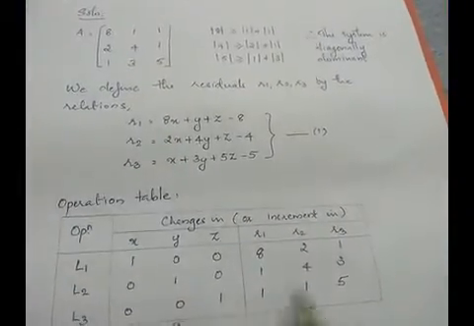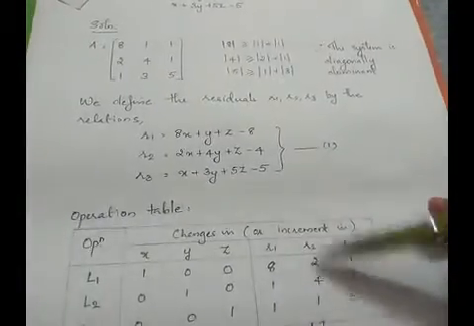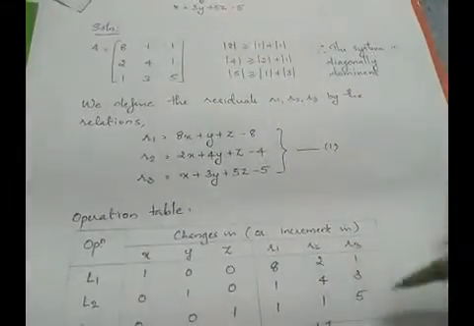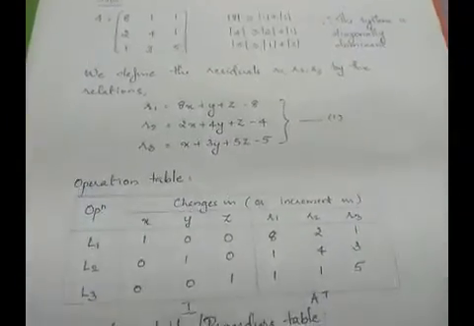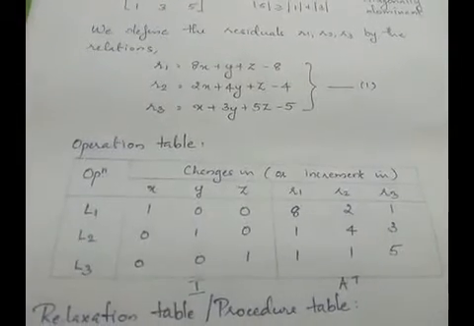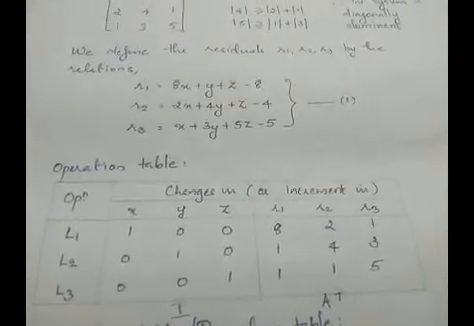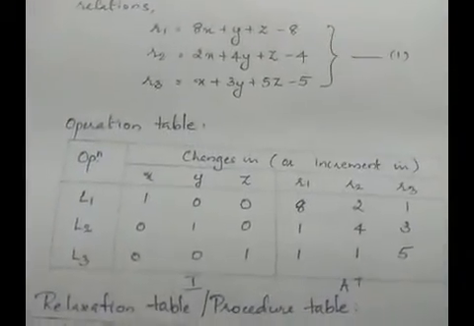Look, the first row has become the first column. The second row will become the second column, and the third row will become the third column. This is how transpose is taken. So the operation table is constructed by writing the unit matrix and the transpose of the coefficient matrix. This is how we write the operation table.